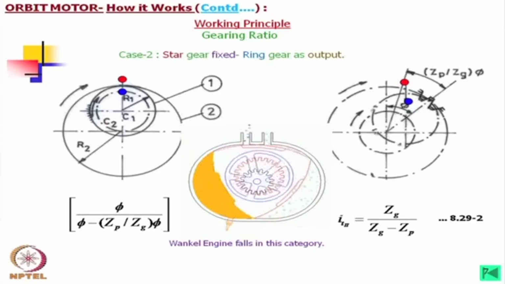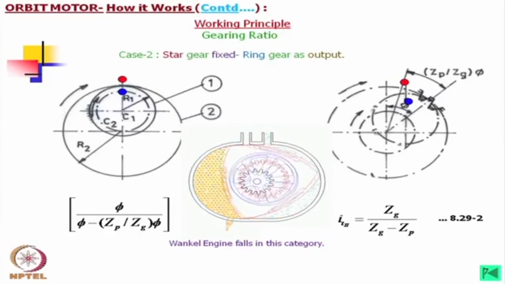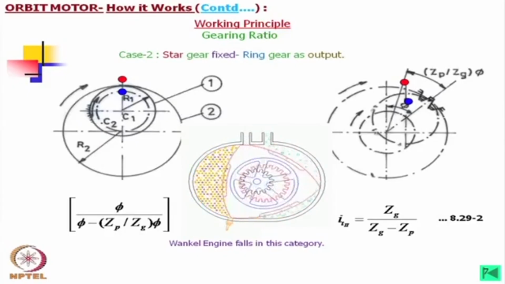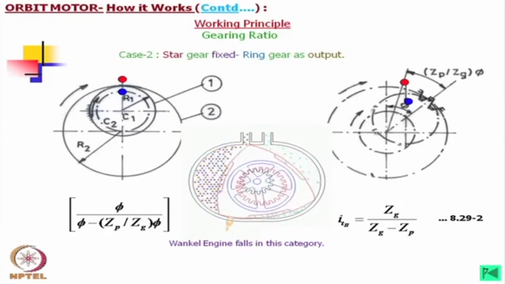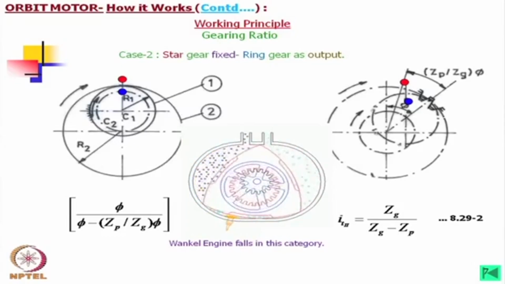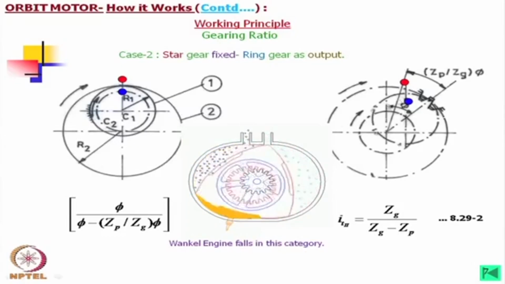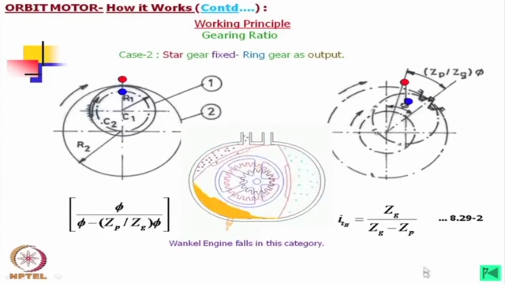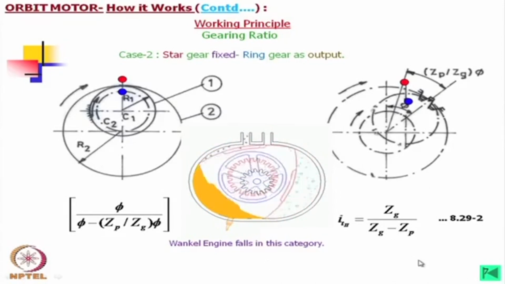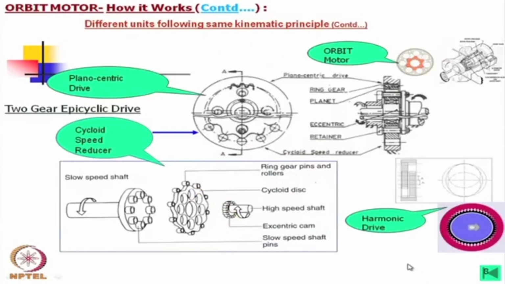However, it is not complicated, but just cumbersome to grasp in a single lecture, so you just remember this thing. That is why I have shown it here. This Wankel engine falls in this type 2 category. Okay. Now, before going into the orbit motor, what we see is the working principle kinematics I have shown.